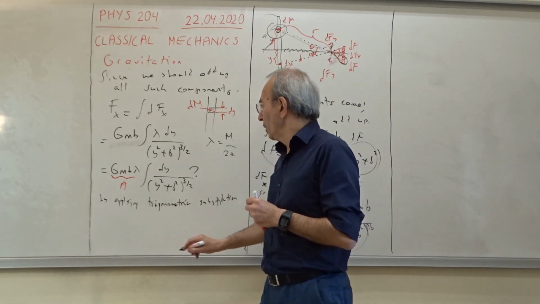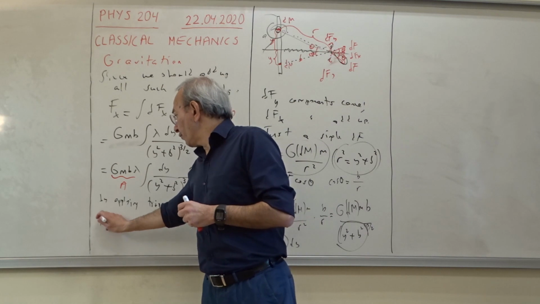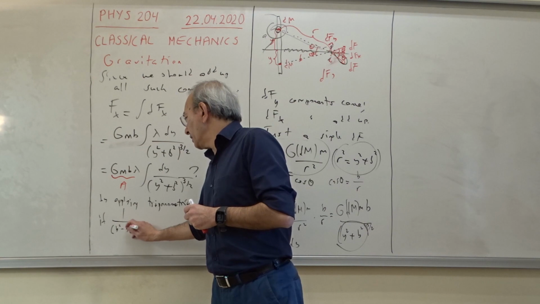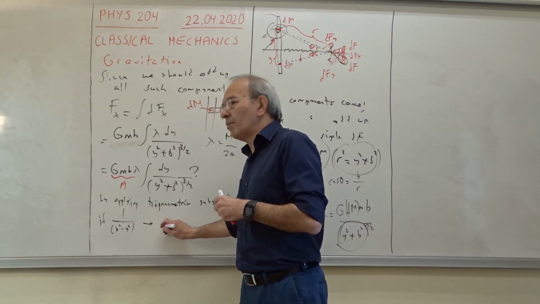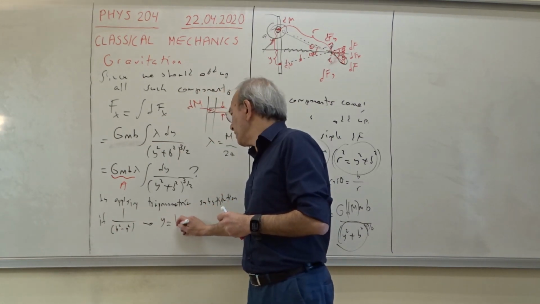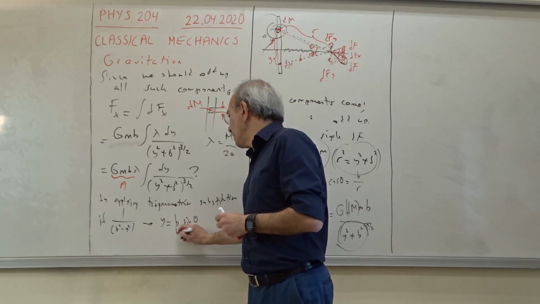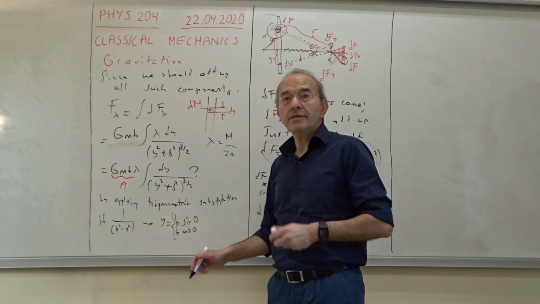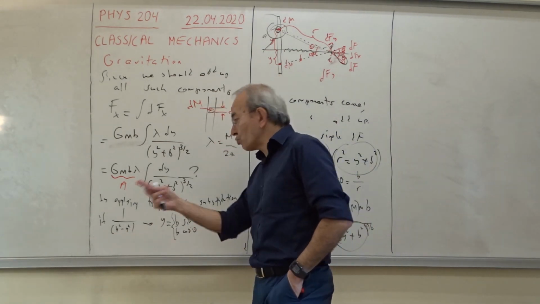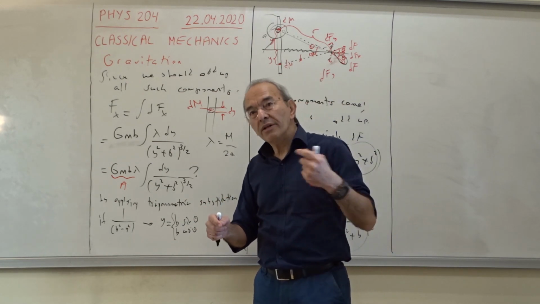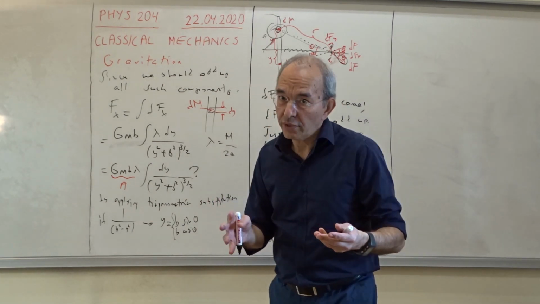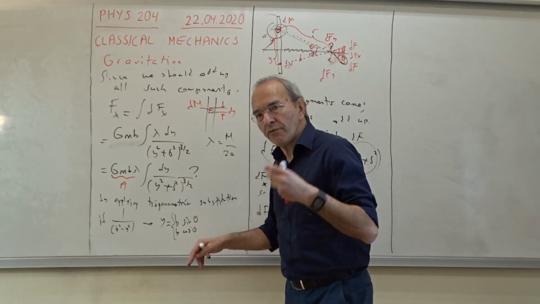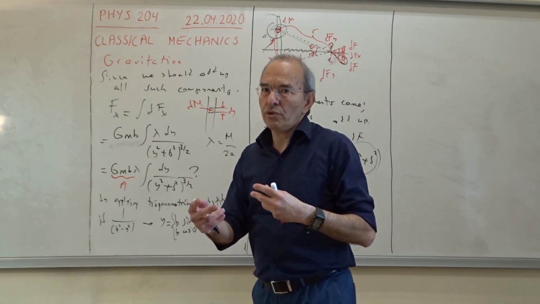For example, if we have something like 1 over b squared minus y squared, then it would be better to use y equal to b times sine theta or b times cosine theta, because in one of these cases it would be b squared minus b squared sine squared, so that is 1 minus sine squared. What is it? Cosine squared theta. Or applying the second choice, again we get 1 minus cosine squared theta, which is sine squared theta.